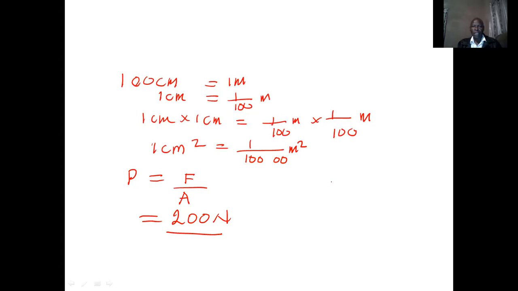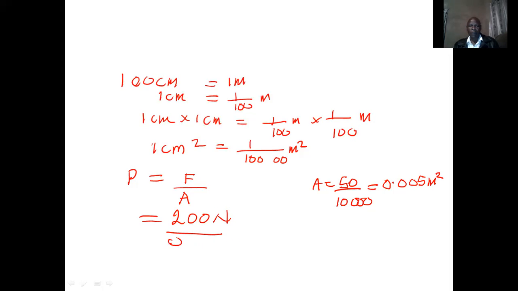Our area will be equal to 50 over 10,000, which gives us 0.005 square meters.